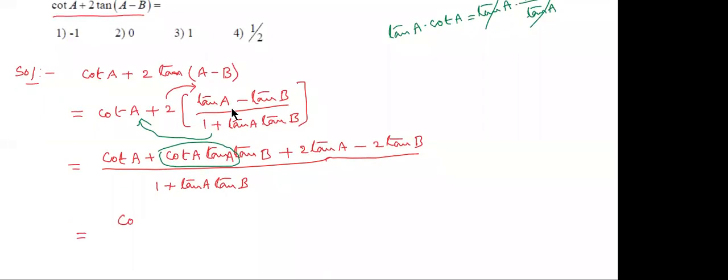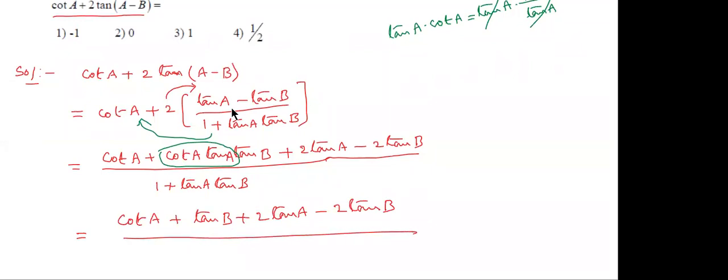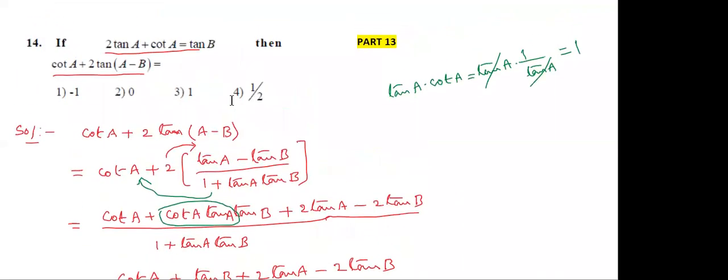Now the numerator is (cot A plus 1) into tan B plus 2 tan A minus 2 tan B, divided by 1 plus tan A tan B. So after simplification we got this, and they have given one condition.